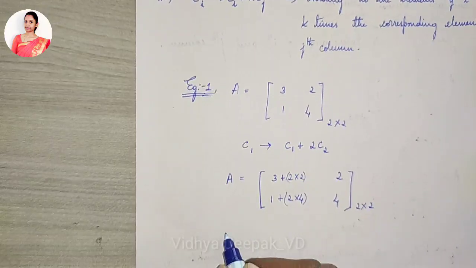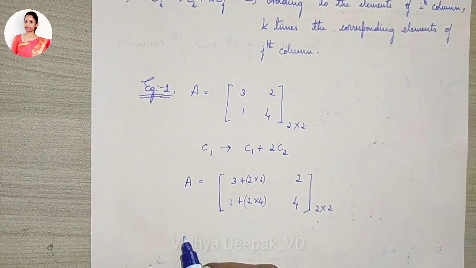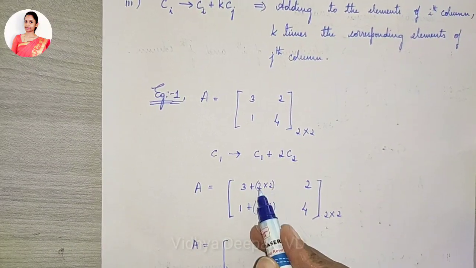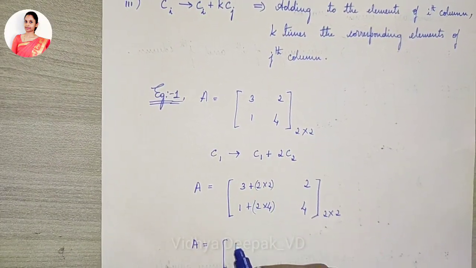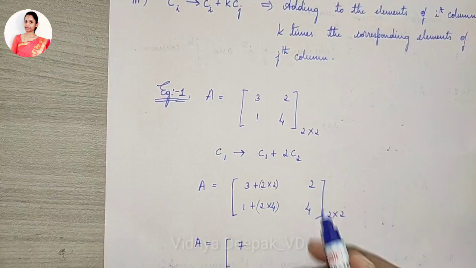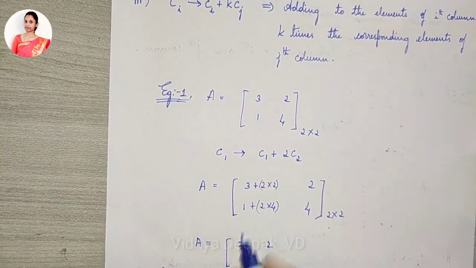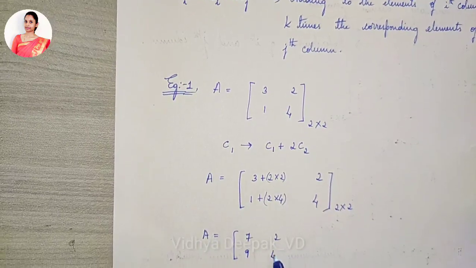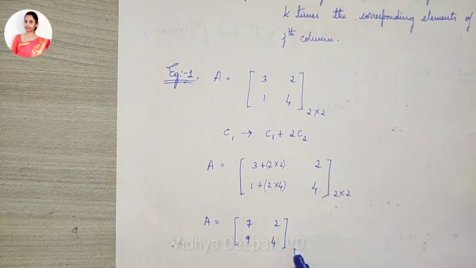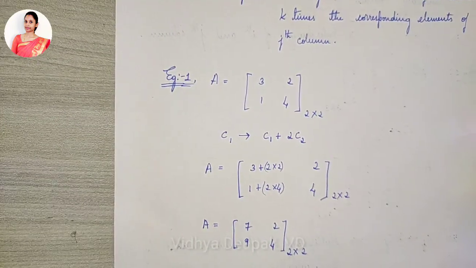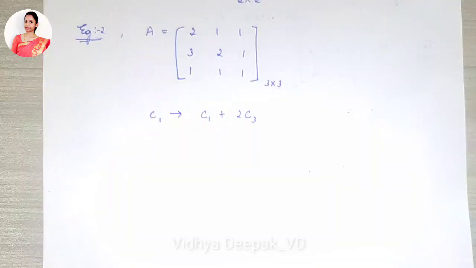So we have the answer: A is equal to 2 twos are 4, 4 plus 3, 7. Again, 4 twos are 8, 8 plus 1, 9. So this is the required matrix after performing the column operation C1 to C1 plus 2 into C2.